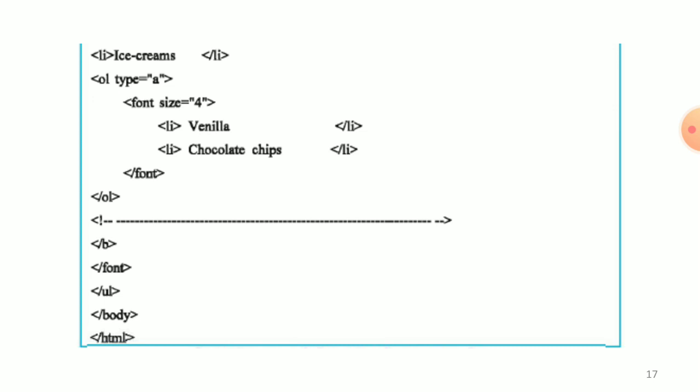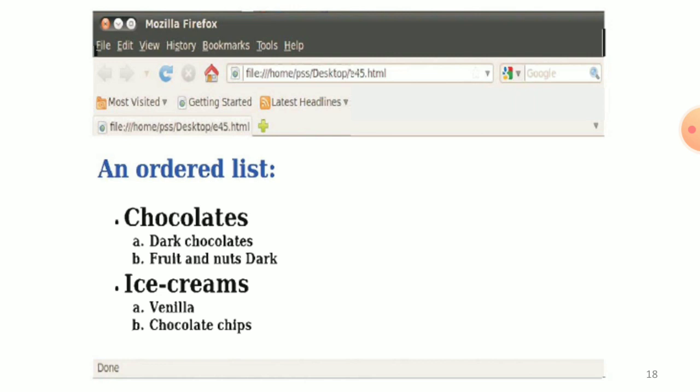That means an ordered list used within an unordered list. That means a nested list, and that is the output.